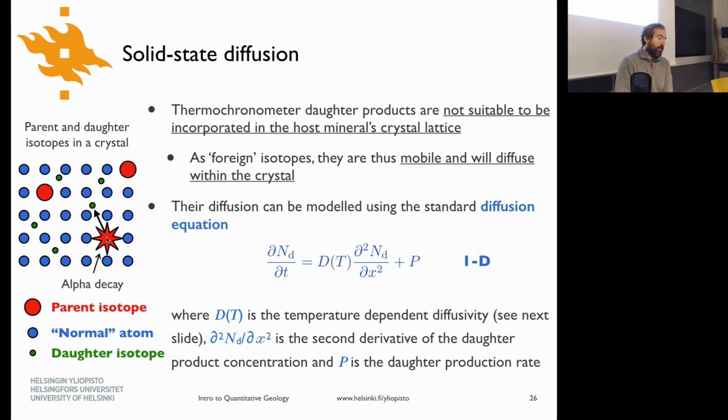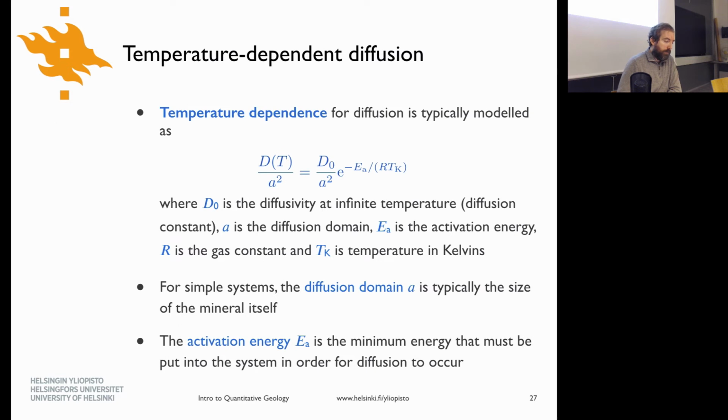You've got some kind of decay process happening here, and you're producing helium nuclei in green, for instance, here within a crystal lattice that looks perhaps something like this. And the parent isotopes in this case are things that are incorporated in the crystal lattice. The daughter product is not.